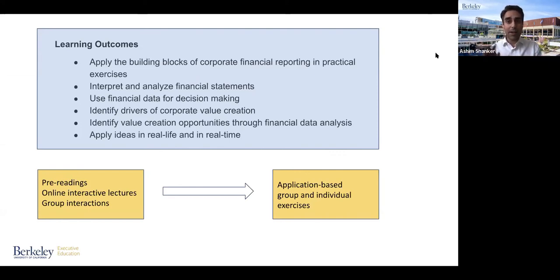As you apply some of these ideas to your organization, you come back with questions, and you might find that other participants have similar questions and struggle with the same things. You might be able to find ways together to meet those challenges that can benefit you both. So in a lot of ways, it's an opportunity to build something of a community of practice around what you're learning as well.